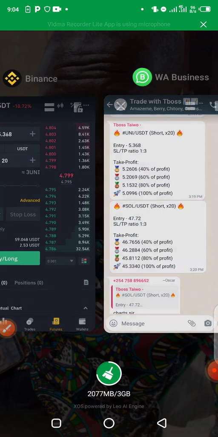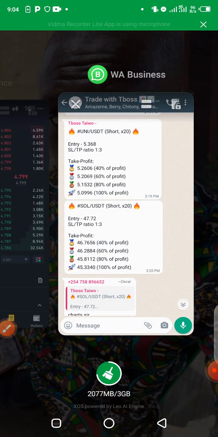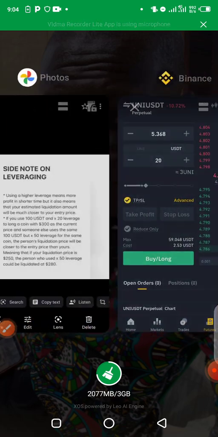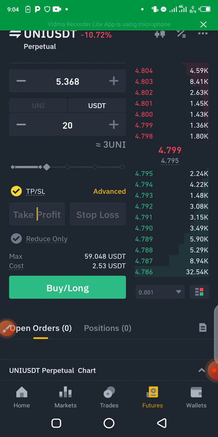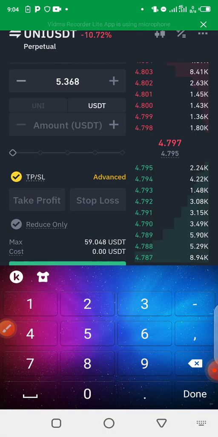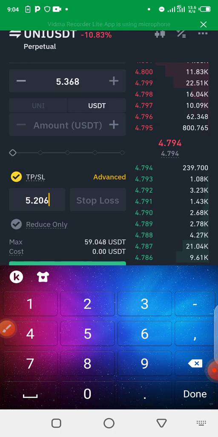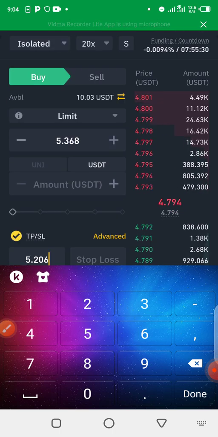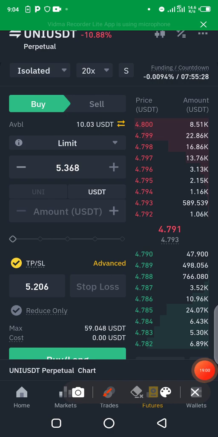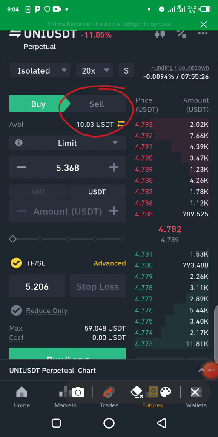The take profit level 2 is 5.2069. So come here and write 5.2069. Remember, you are shorting. This is where you short. You get? But I'm just setting up the trade now. So that's where you short.